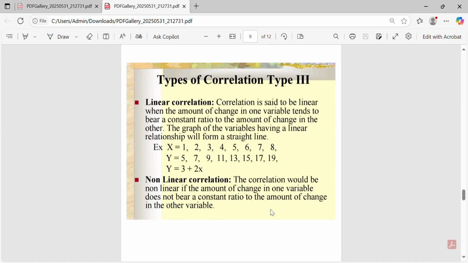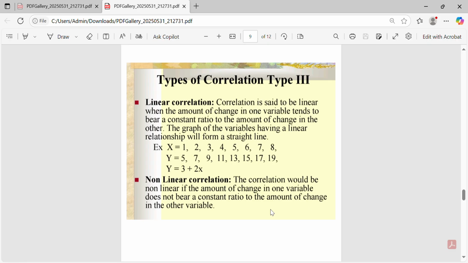Two variables are said to be linearly correlated if their relationship can be expressed with the help of an equation of a straight line, that is, y is equal to ax plus b. This kind of linear relationship frequently occurs in economics and social sciences.